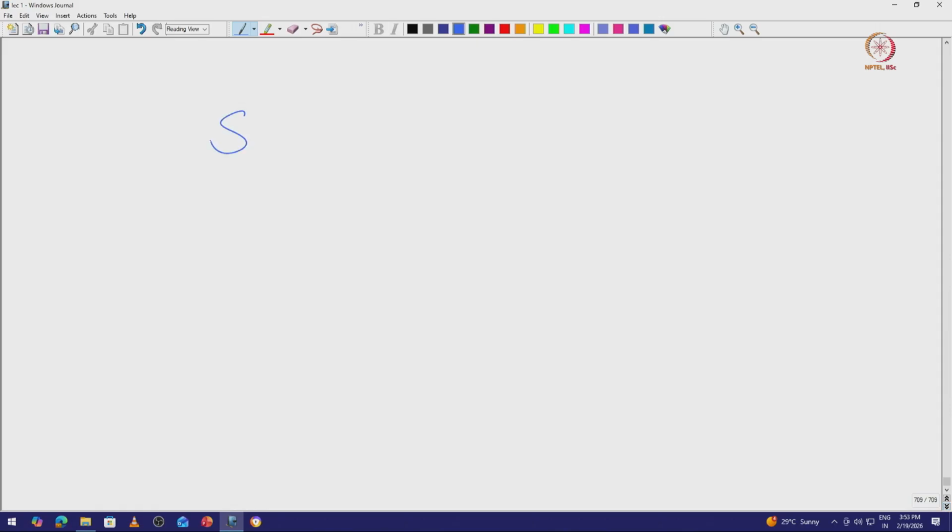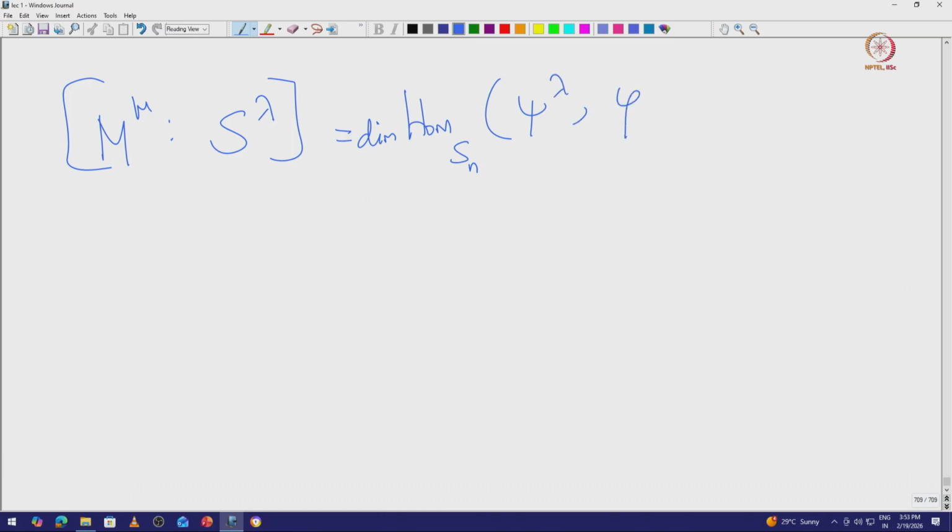We are interested in computing the multiplicity of S lambda inside M mu, which by definition counts exactly the dimension of Sn invariant maps from xi lambda to phi mu.